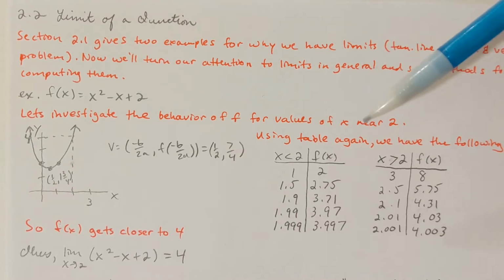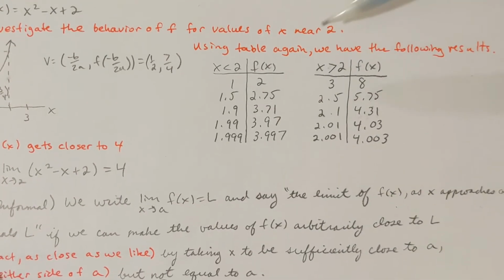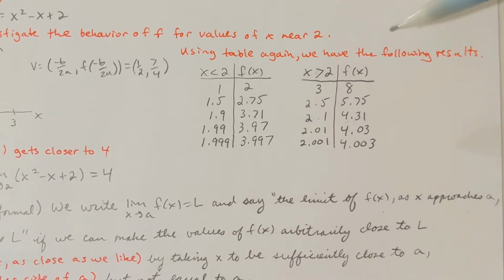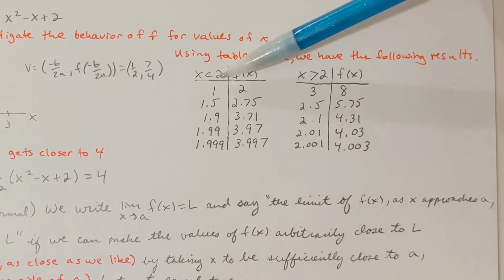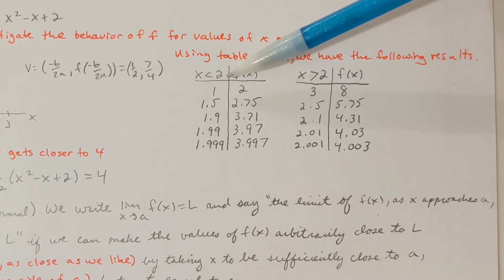Well, using this table, I've set it up with values of x that are close to 2 on both sides. So here's where x is less than 2 and close to 2.